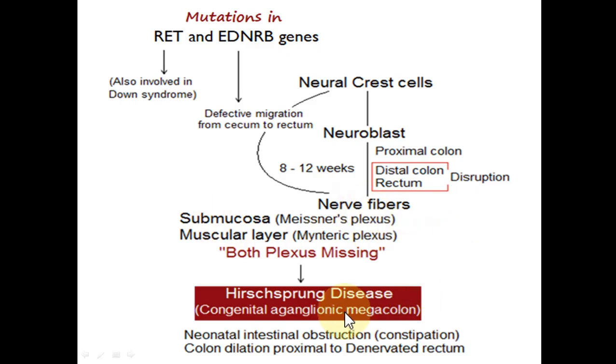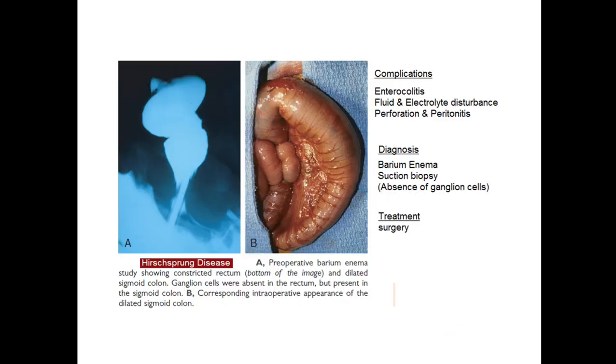So what happens is that it will lead to neonatal intestinal obstruction and severe constipation. The newborn baby doesn't pass meconium, and the part of the colon above the point of obstruction becomes dilated, leading to megacolon.